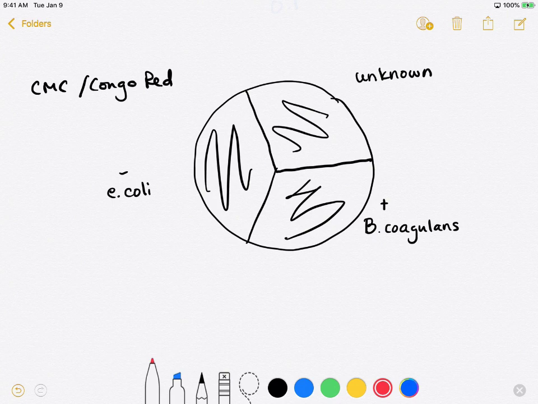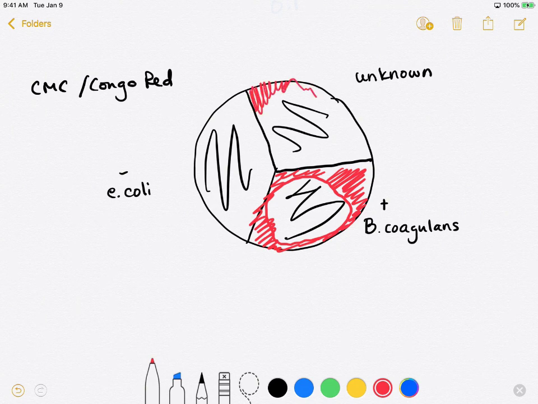For the unknown and the B. coagulans, especially the B. coagulans, what you should have seen is that B. coagulans grew quite well. And what it did was it used up a lot of that cellulose, that CMC. And so once again, you got sort of a halo effect around your B. coagulans. Your unknown most likely looked similar to B. coagulans.